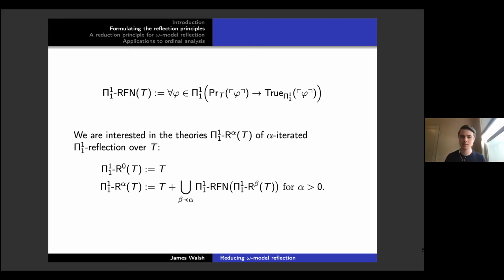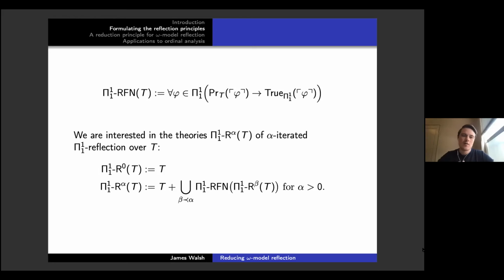So you add in the statement that beta iterated reflection is pi11 sound for each beta less than alpha. So the rough idea is, you start with 0 iterated reflection as just the theory t. You add in its pi11 reflection principle. Then you add in that theory's pi11 reflection principle, and then so on, and you take unions at limit stages.